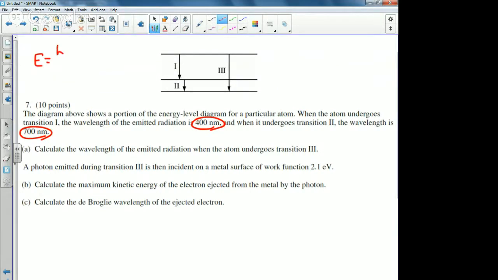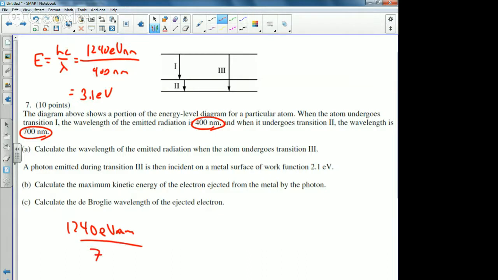E equals hc over lambda: 1240 over 400 is equal to 3.1 electron volts. And then we have 1240 divided by 700, which equals 1.77 electron volts.